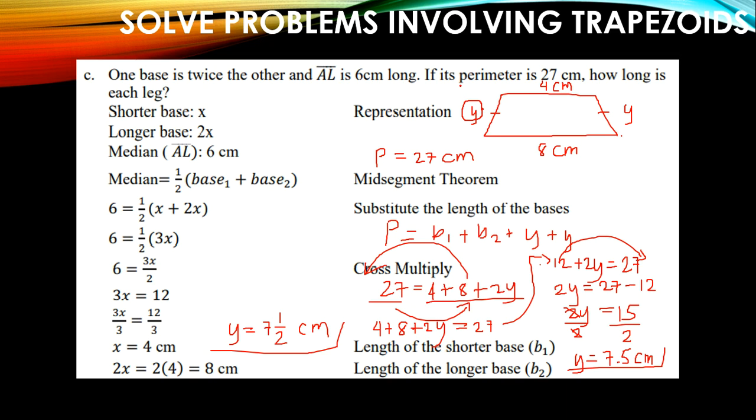So if the left side is 7.5, the right side is also 7.5, or the left side is 7 and 1/2, the right side is 7 and 1/2 centimeters. So that is the answer. It's either this expressed in mixed fraction, or this one expressed in decimal.